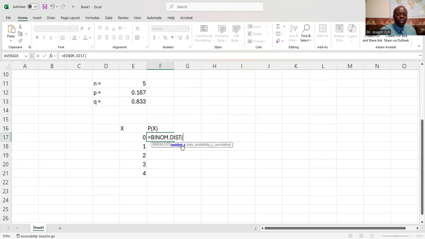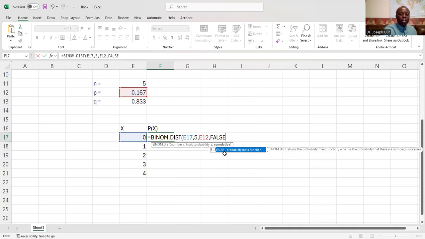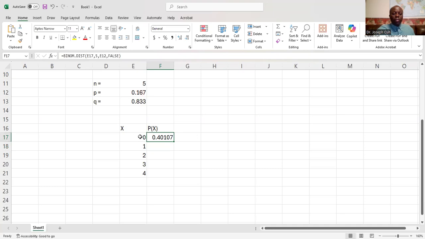For number_s, click on this, comma. How many trials? 5 trials, type 5, comma. Probability of success, P is this right here, comma. Cumulative, no, it's false. We don't want cumulative, so type false right there. Close it, press the enter key. It gives you the first one, the probability that it appears at no time. Then double click on it to calculate the rest of them.